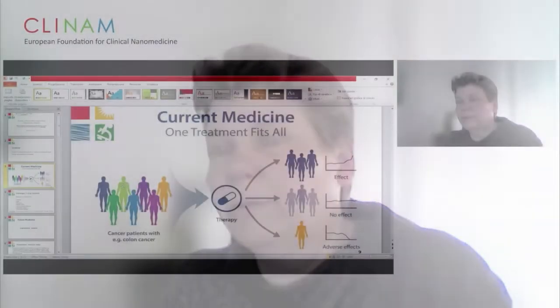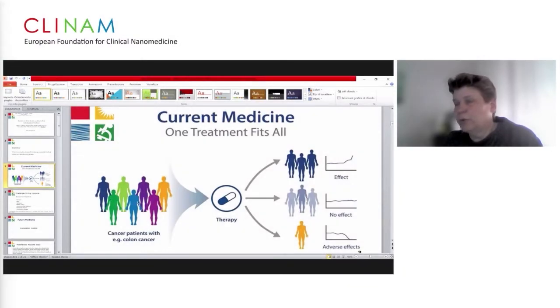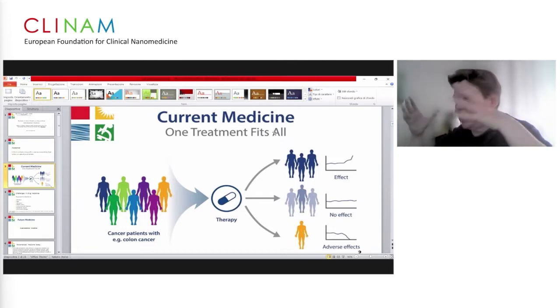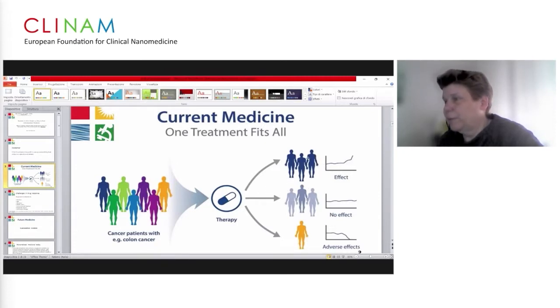as you know, at the moment we are trying to personalize medicine, but still it's very often one treatment fits all, or at least specialized groups which are getting a therapy. Very often you have therapy failure in first line treatment, then you lose time and you have to go to second line treatment. For that reason, it could be good if beforehand you already know if a treatment will work in the patient.